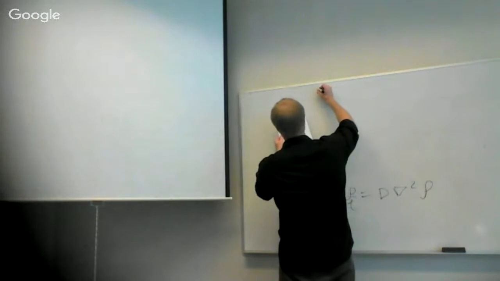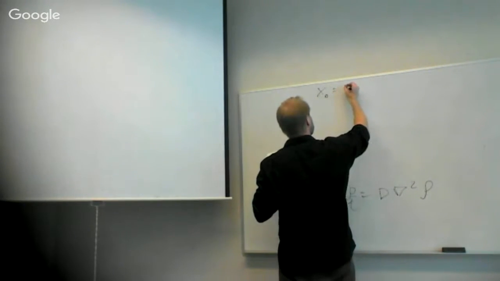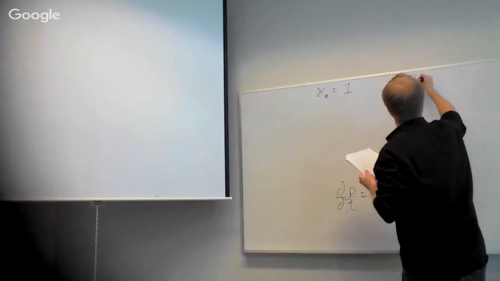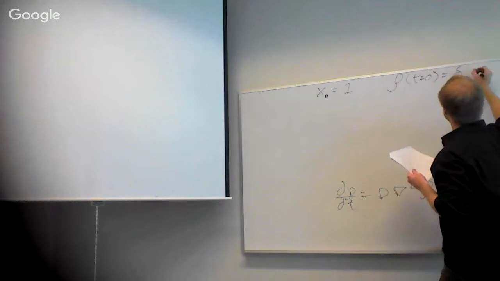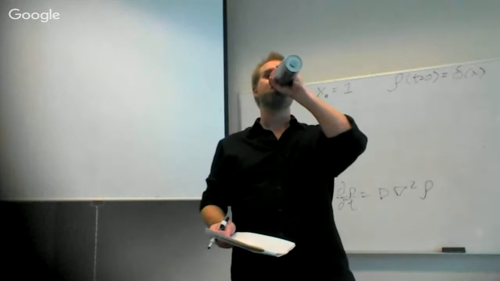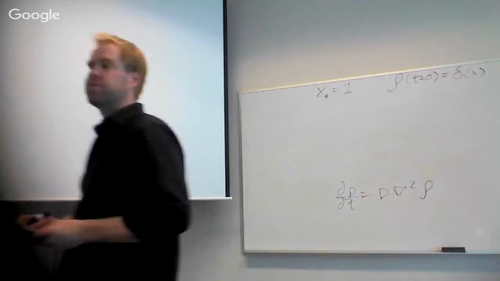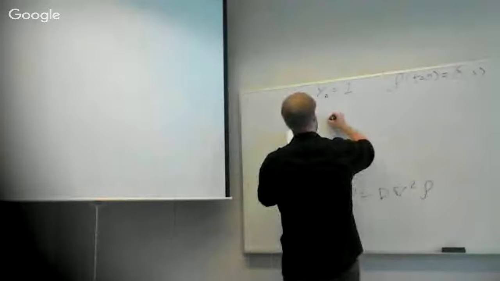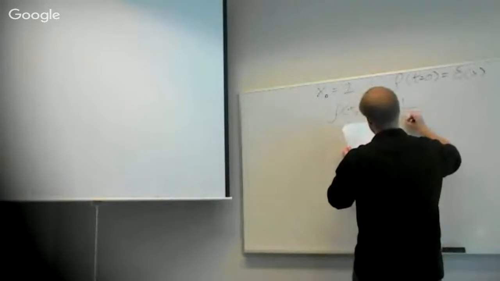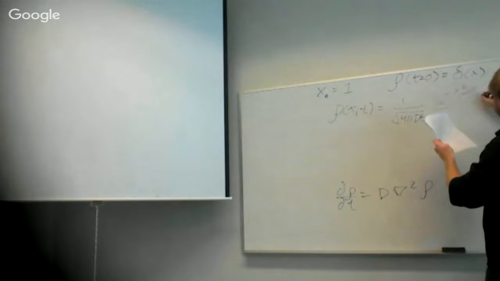So if we take x naught for all the particles to be 0, such that our distribution at t equals 0 is just equal to delta of x, starting all the particles at x equals 0, then the solution with this initial condition in this partial differential equation is rho of x, t equals 1 over the square root of 4 pi D t, times e to the negative x squared over 4Dt.